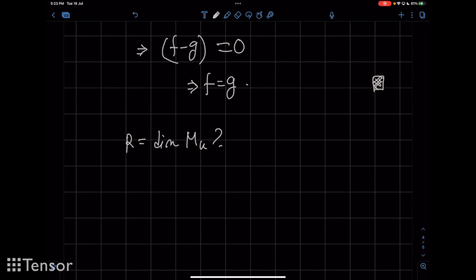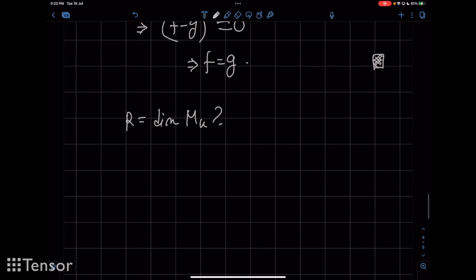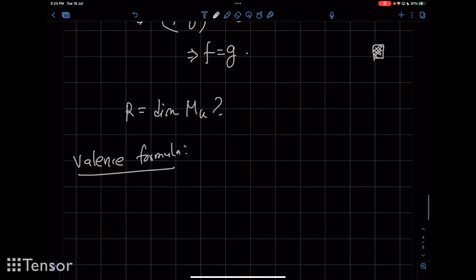In order to prove that, we need to prove a formula called the valence formula. What does the valence formula say? Let's say f is a non-zero complex holomorphic function on the upper half plane.